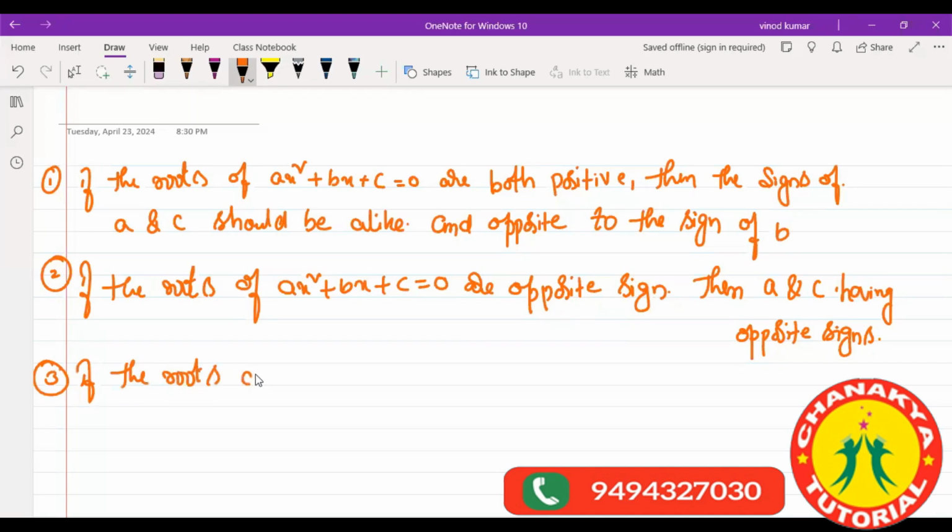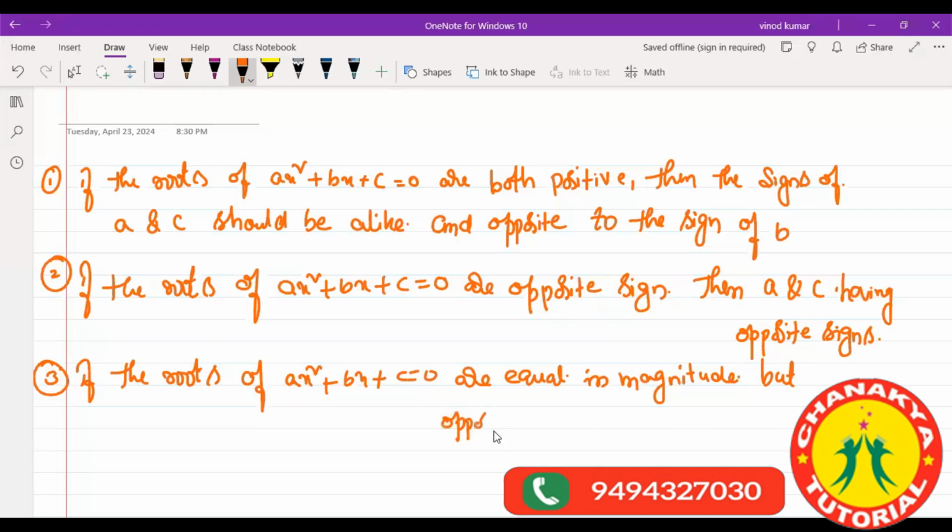If the roots of ax square plus bx plus c equal to 0 are equal in magnitude but opposite in sign, then the condition is that b value is compulsorily 0.